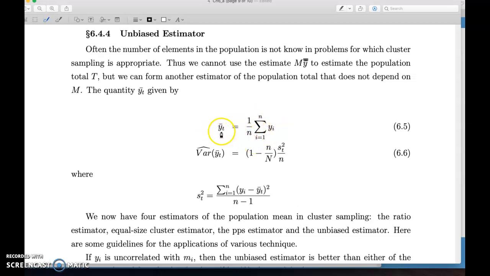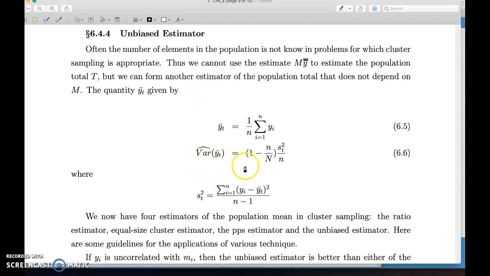So YT bar is an unbiased cluster average. Then, using the cluster average, we simply multiply this YT bar by capital N, and we can obtain the total. So at the end of the day, this unbiased estimator can be used for our population total estimation.